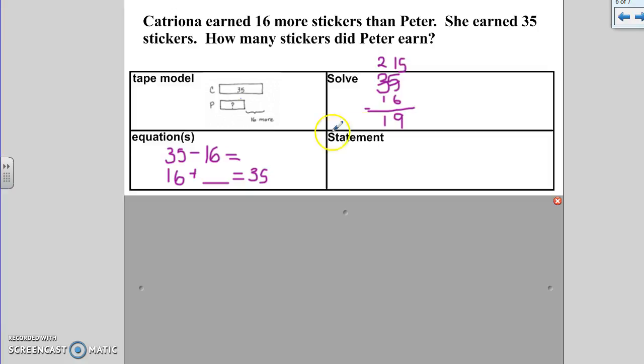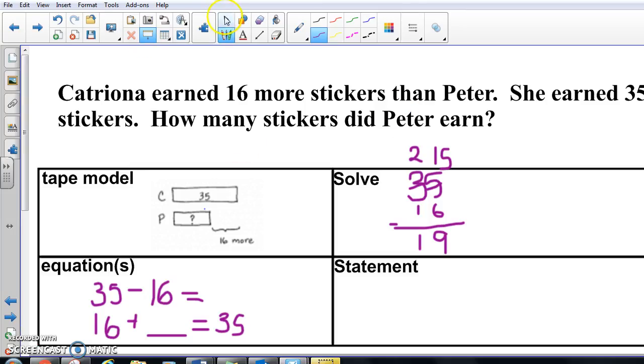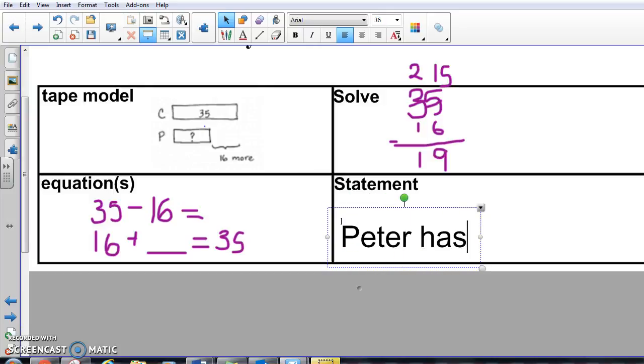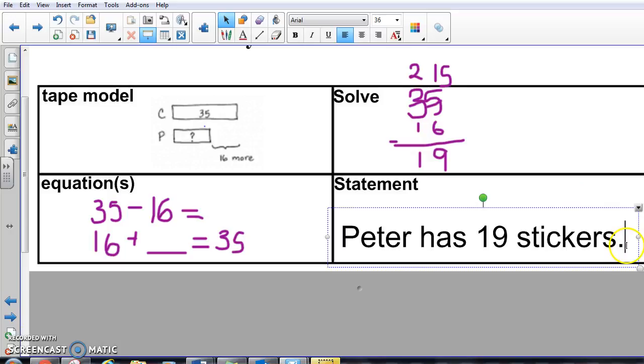So I know that Peter has 19 stickers. Whatever strategy or equation you picked, 19 should be your answer. Please go back and revise if you need to. Let's write that statement. Peter has 19 stickers. Make sure you start with your capital and end with your period.